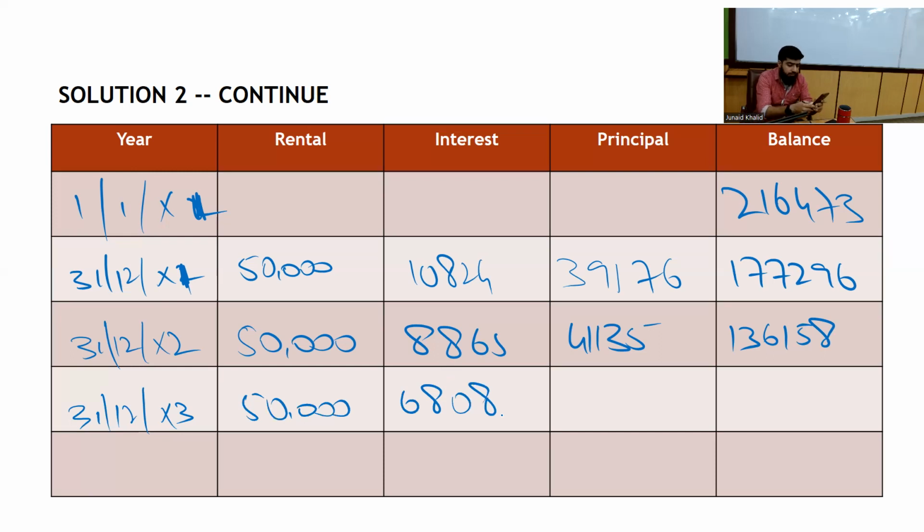If the interest is 6,808, the principal paid is 43,192, and the remaining liability would be 136,158 minus that, which is 92,965. Okay, now let's move on towards the exam requirements.